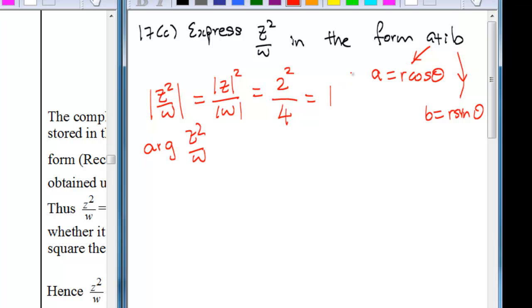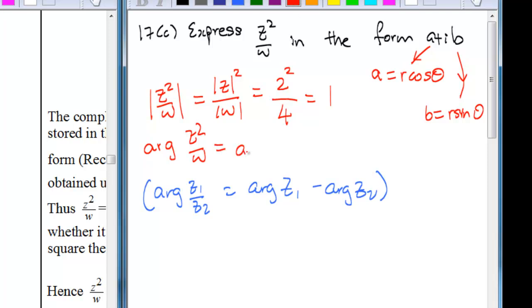Next, we need to work out the argument of z squared over w. Now, because the argument of z1 over z2 equals the argument of z1 minus the argument of z2, we know that the argument of z squared over w will be equal to the argument of z squared minus the argument of w. With this in mind, we will first need to work out the argument of z squared.